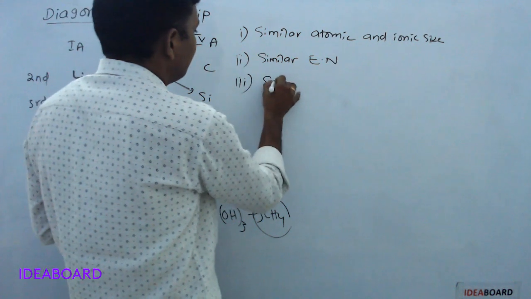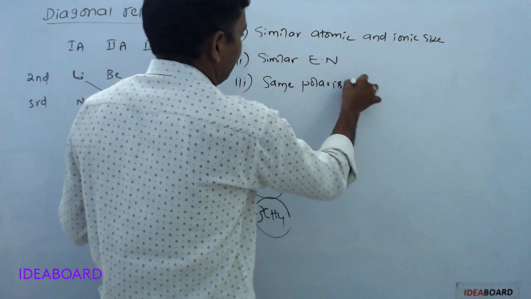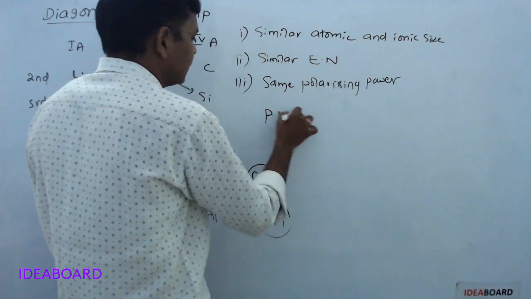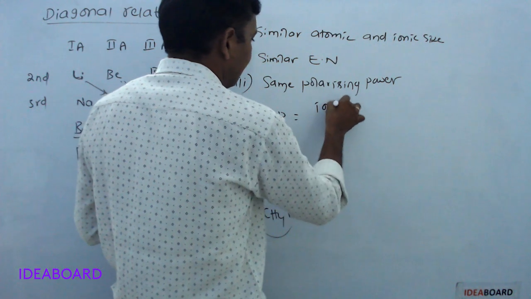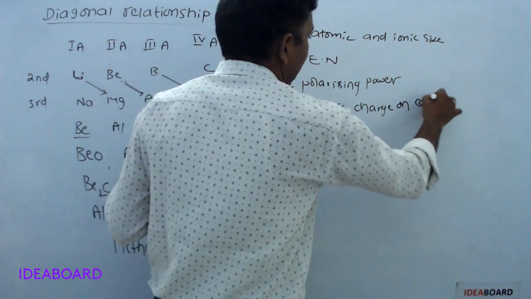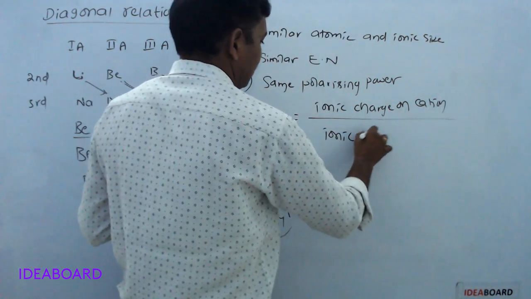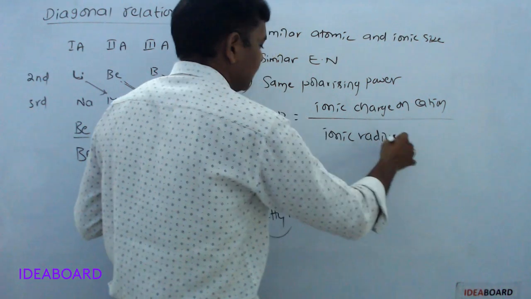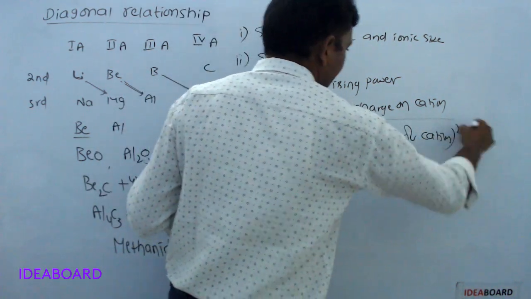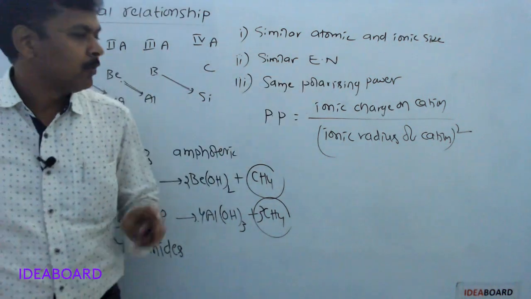Next, due to similar polarizing power. Polarizing power means ionic charge on cation divided by ionic radius of cation squared.